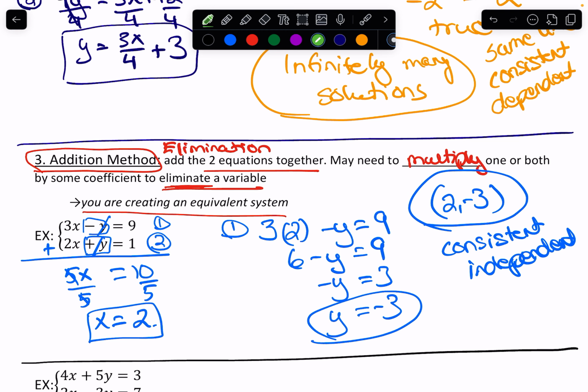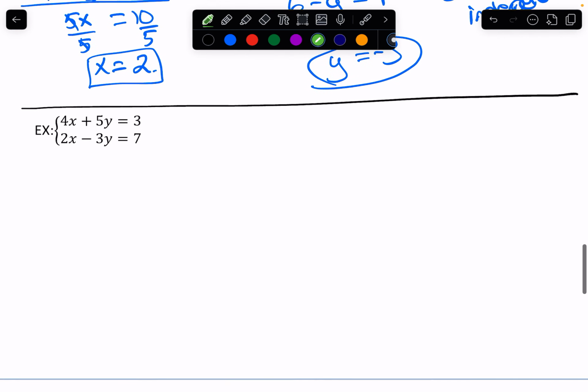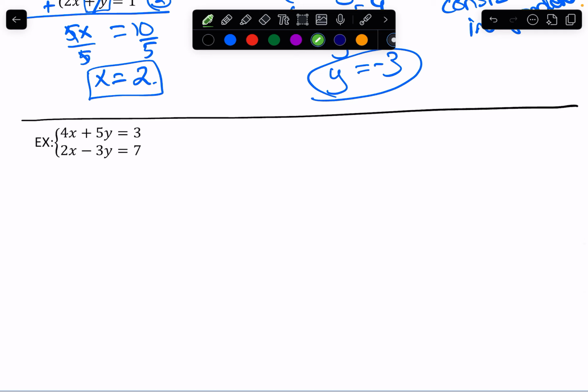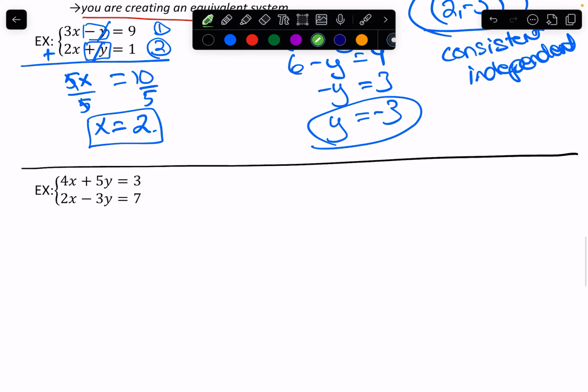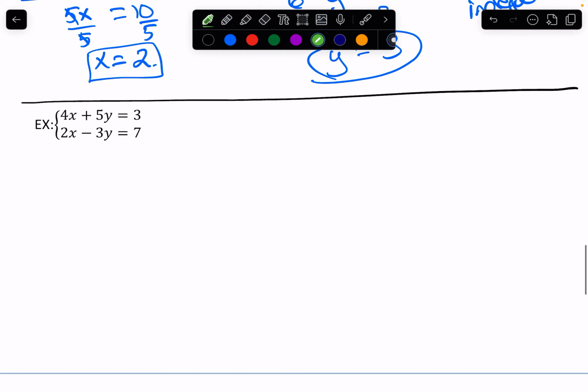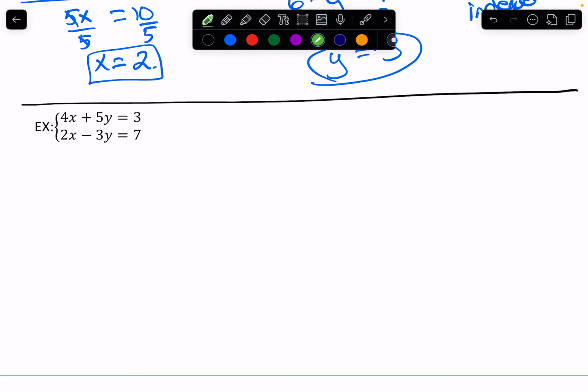Okay, let's look at another example here. Now, looking at those two, we don't have a situation like we had in the first one where the y's cancel each other out by the coefficients. So we are going to have to multiply one of these, and it doesn't matter if it's the x or the y.